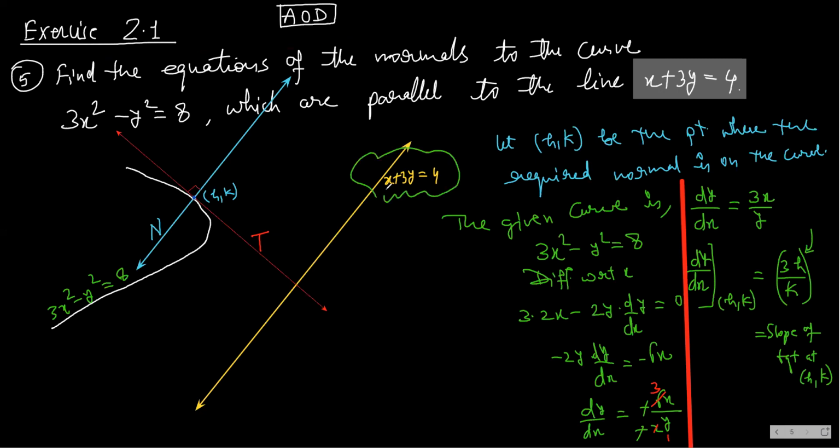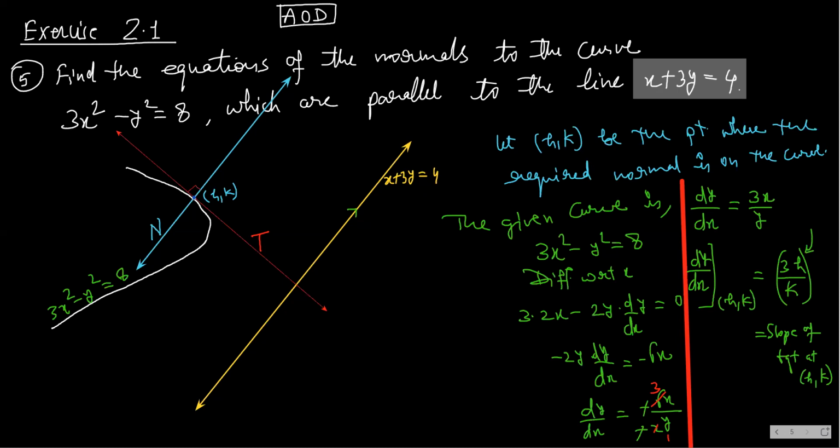It means that the normal should have the same slope as this line. So the slope of normal should be equal to the slope of this line.